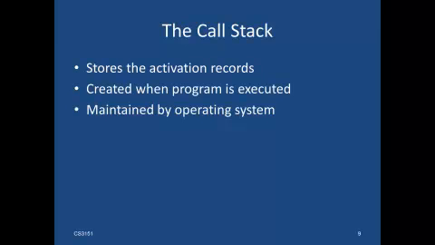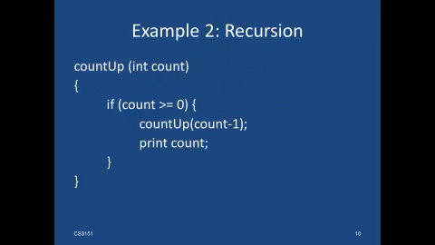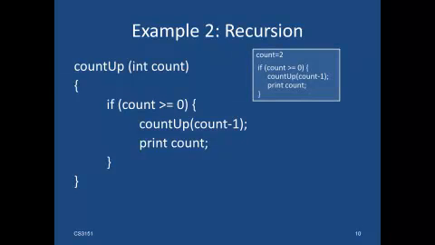By using a stack, execution continues always with the method call whose activation record is on top of the stack. That is the method that has been called most recently. Remember the second example, count_up? Observe how the activation records are added and removed from the same end.